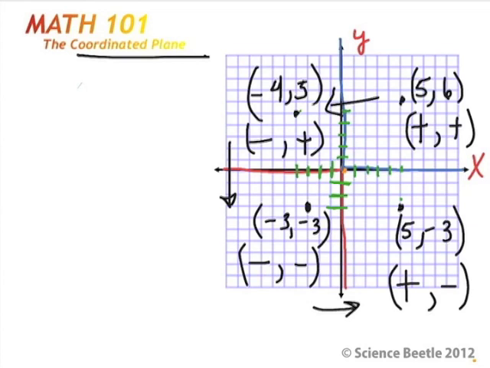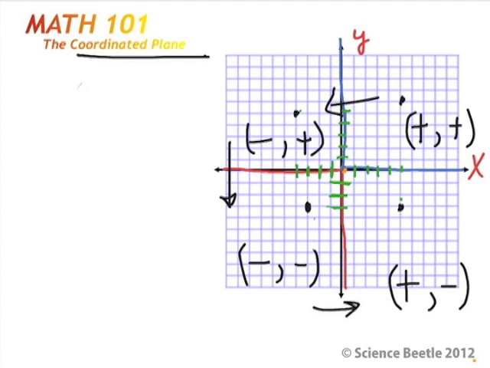Now this is very interesting because when you look at the coordinate plane, the main thing that you can figure out always is, you know that if we select a number, and let me clear some of this up. We know that if we select a point up in this region here, which I'm going to label as number 1 with a Roman numeral 1, you know that all of these numbers are going to have positive x's and positive y's.